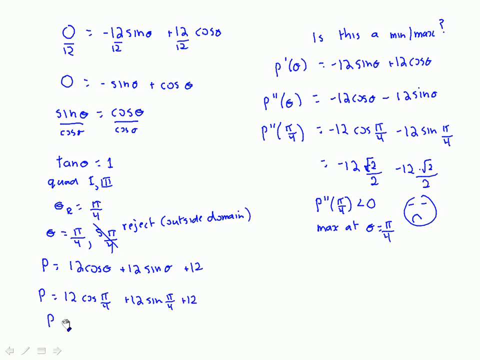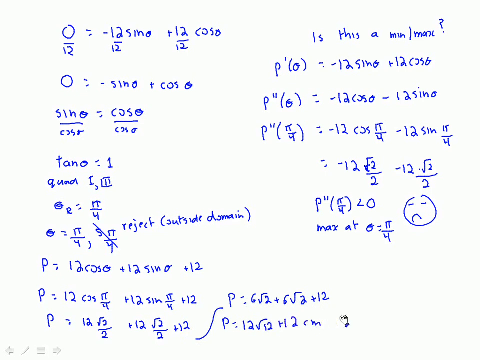So the perimeter is equal to 12 times root 2 over 2 plus 12 times root 2 over 2 plus 12. And the perimeter is going to be 6 root 2 plus 6 root 2 plus 12. So the perimeter is equal to 12 root 2 plus 12 centimeters.